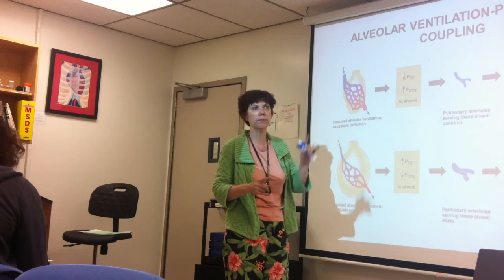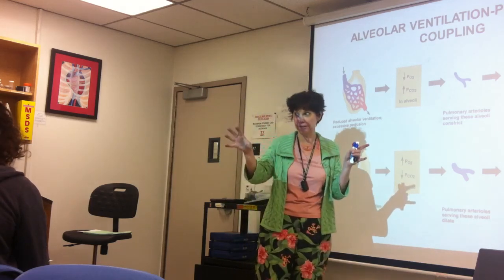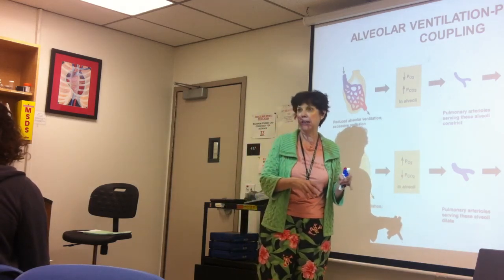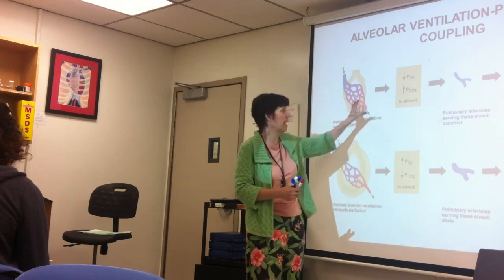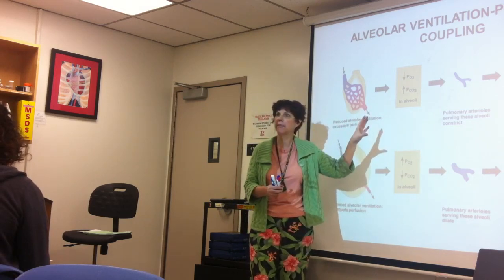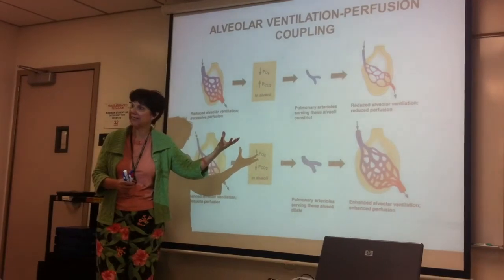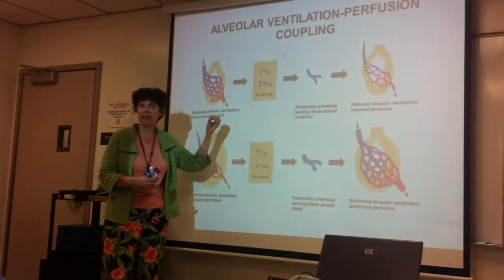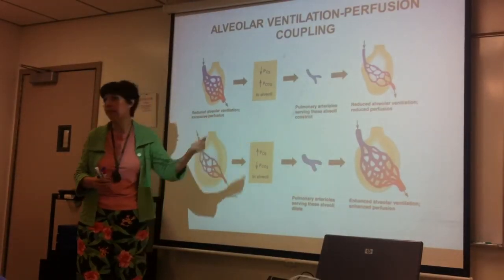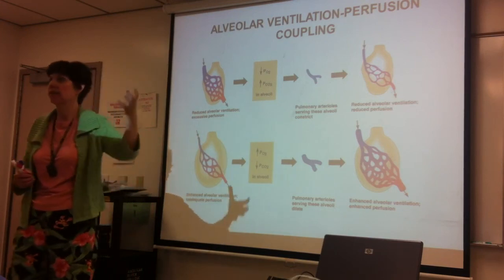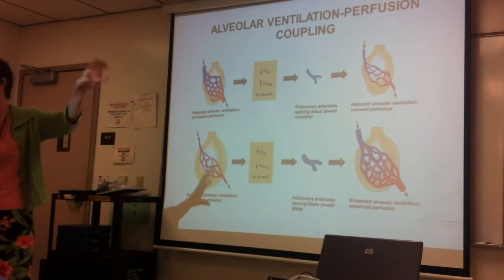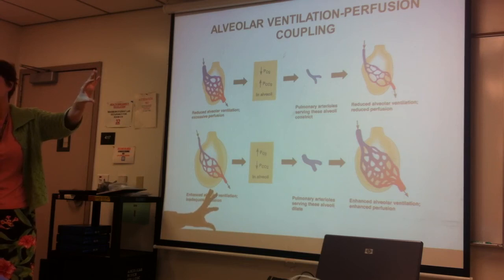If we switch to pulmonary capillaries, not bronchial, but pulmonary artery capillaries, and they're flowing by a region of alveoli which are not being ventilated. Let's say that there's a blockage, maybe that part of the lung is collapsed, there's fluid, pulmonary edema, or pneumonia, fluid in the alveoli.